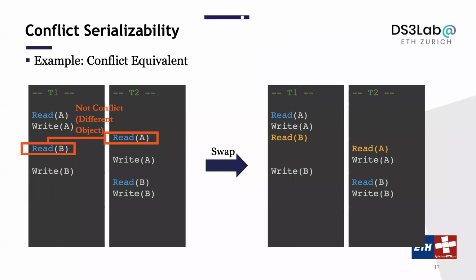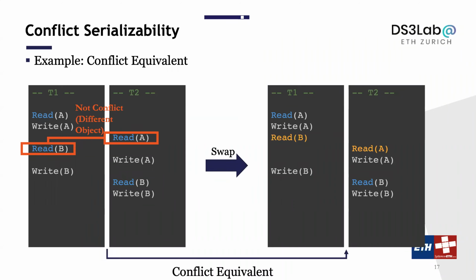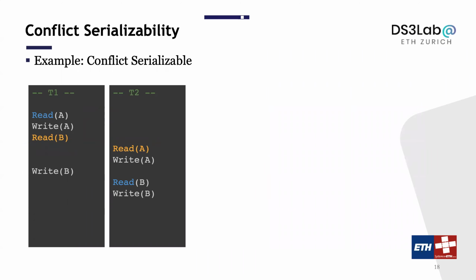They are still ordered in the same way. So these two are conflict equivalent. Intuitively, it means that they are going to have the same types of conflicts between these two transactions.